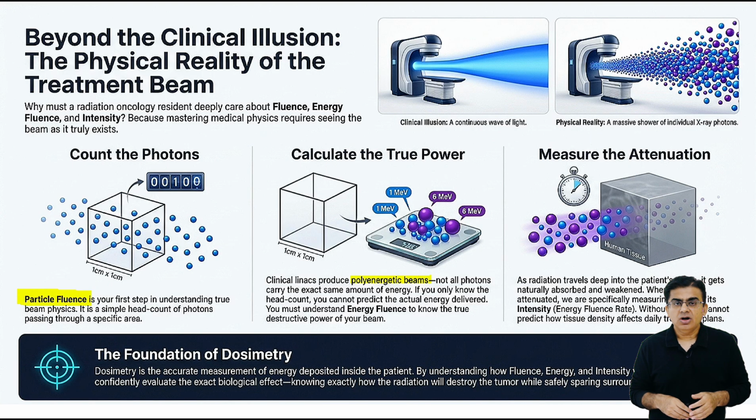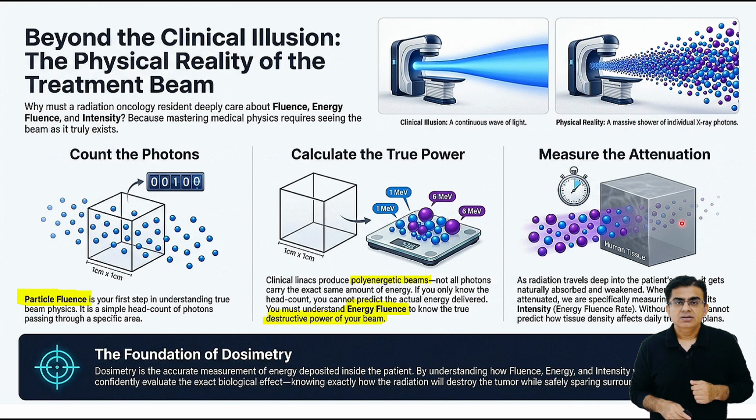This means not all photons carry the exact same amount of energy. If you only know the simple count of the photons, you cannot predict the actual energy delivered to the patient. You must understand energy fluence to know the true destructive power of your beam.